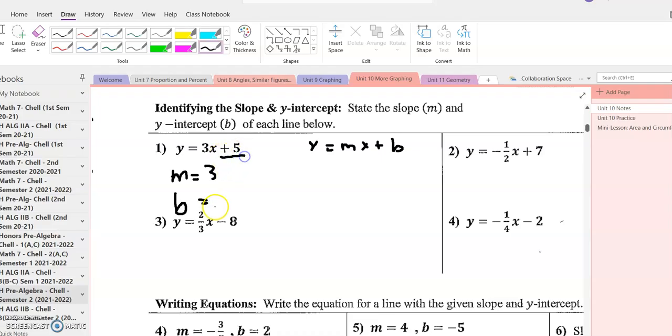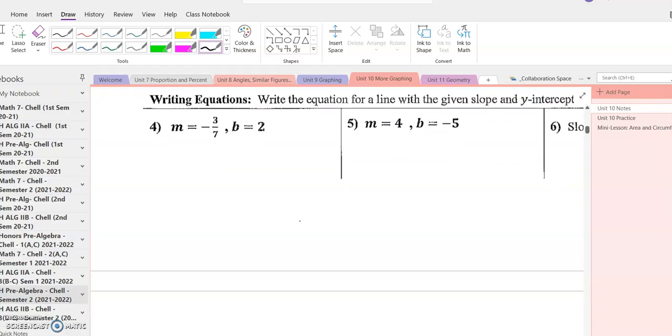In this case, we've got a plus 5, which means our y-intercept is 5. For the one below it, slope is the number 2/3, and the y-intercept is the number -8. Again, slope is the number being multiplied by x. Y-intercept is the number being added or subtracted at the end.